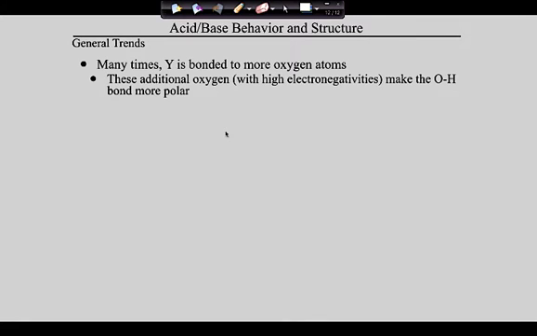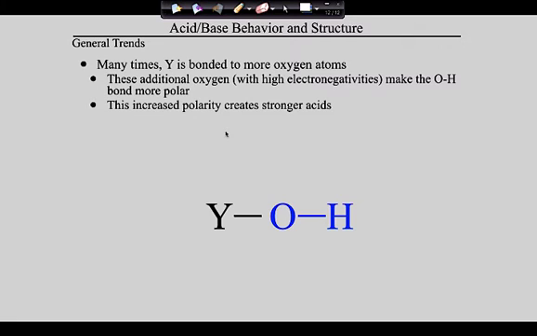So guys, the idea is this. These oxygen atoms that are not Y, but they're bonded to Y, can make this OH bond even more polar, creating even stronger acids. The example that you need to understand is this. Here we've got an O and an H. If this element Y is strong, it'll create drift, and this will become a stronger acid. But this can also create a stronger acid.